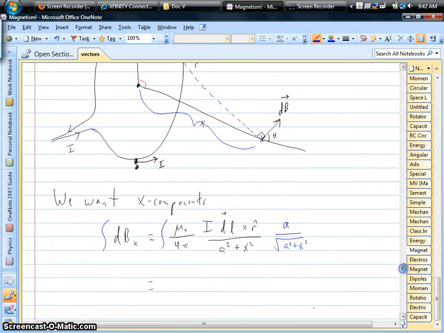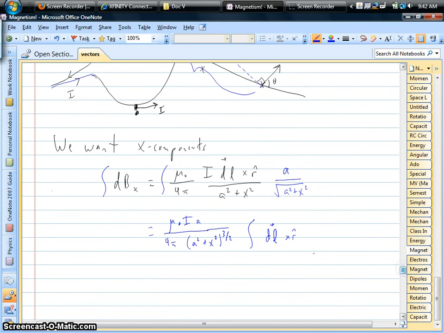So when we pull everything out, we have 4 pi, and in our denominator we have the quantity a squared plus x squared to the 3/2 power. The integral just turns out to be this dl cross r hat.